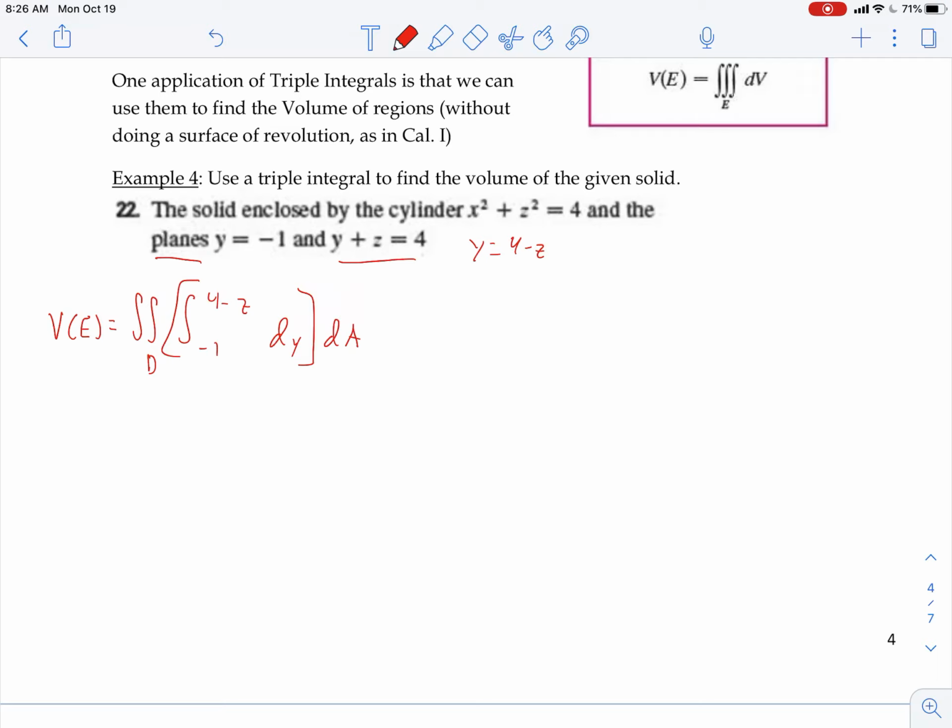And then this will be of dy and then dA, which will take care of the outside.